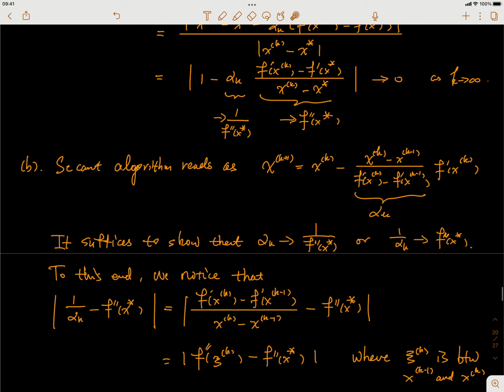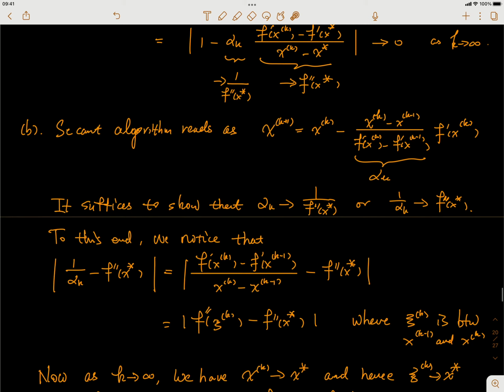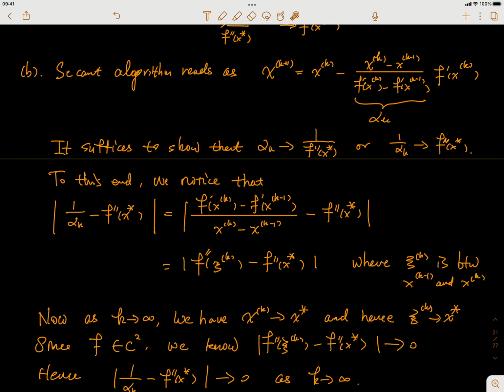So we're also assuming that xk converges to x star, and we just need to show that in this case alpha k should converge to this 1 over f double prime, or in other words, just need to show this. Well, to show that, let's look at the difference of these two, and see if this goes to 0. On the one hand, alpha k is this ratio here, so 1 over alpha k just swaps the numerator and denominator, that's this. And I will keep this term.